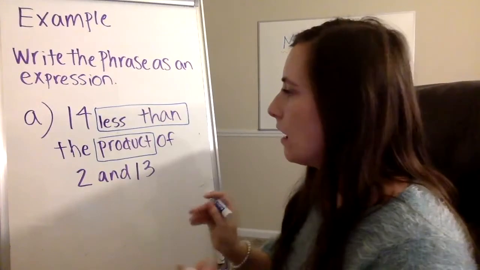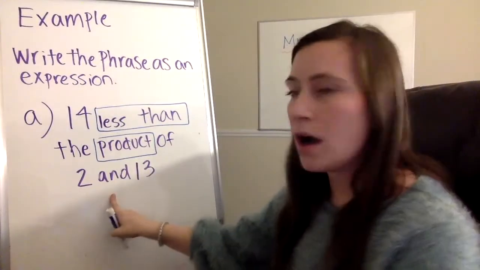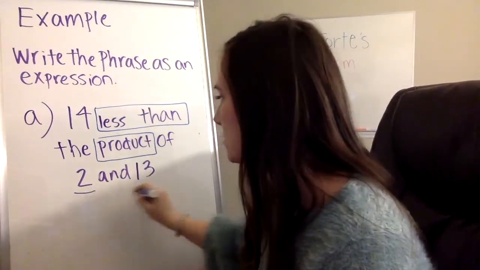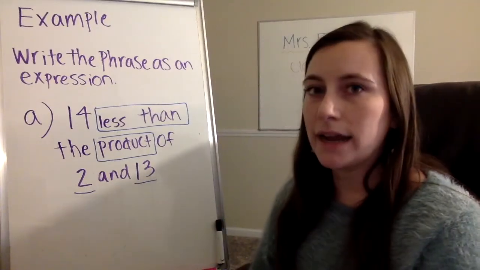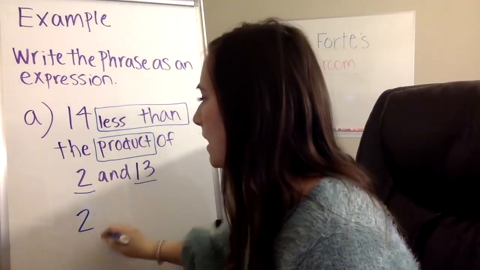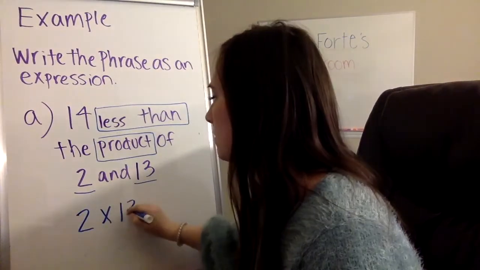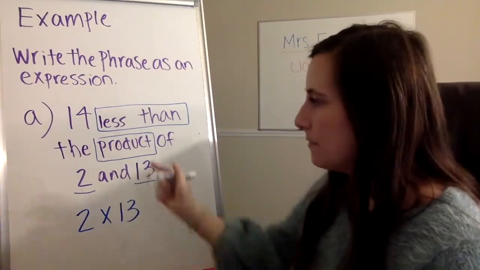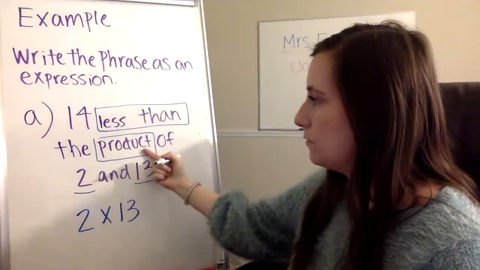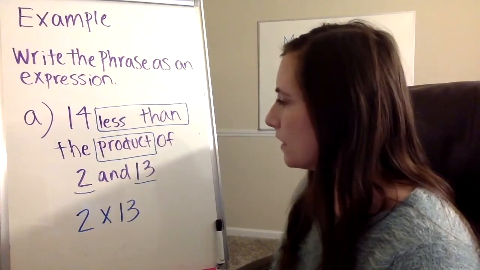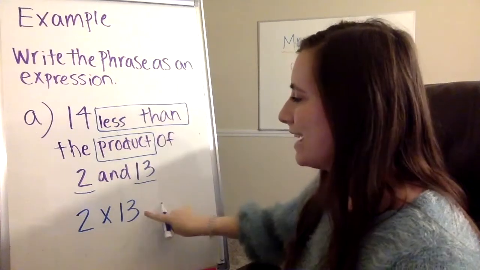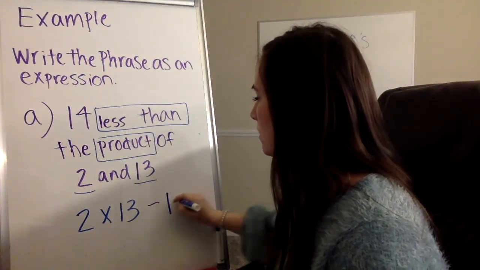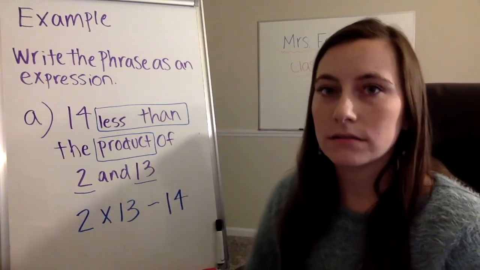So that means I need to solve for the product of these 2 numbers first. So when I rewrite it as 2 times 13, and that will show for my product. And then 14 less than that, I would take it away at the end.